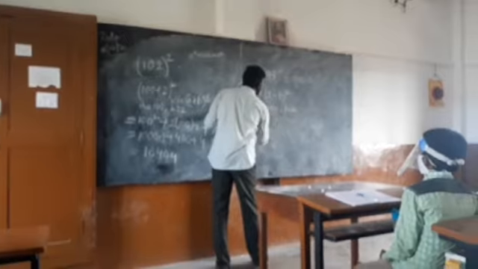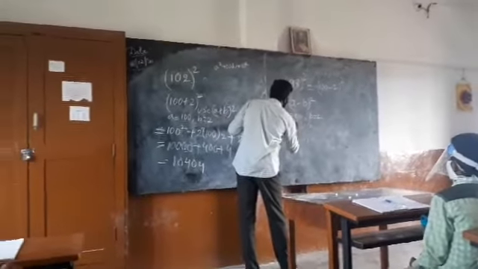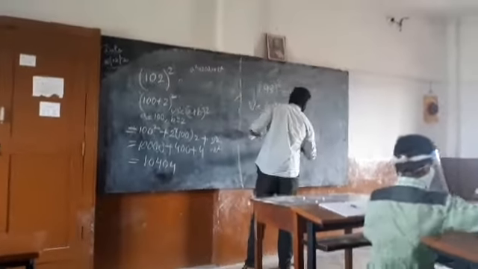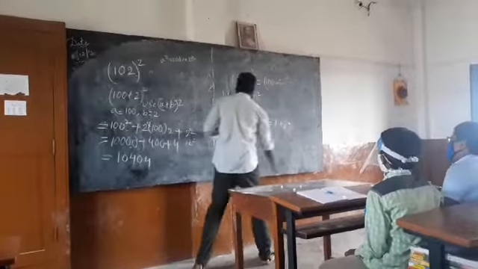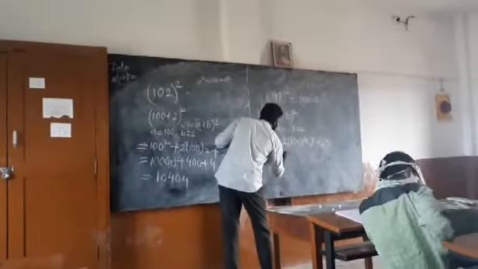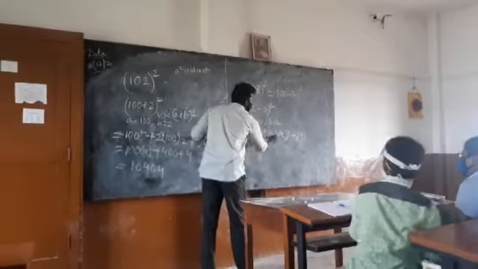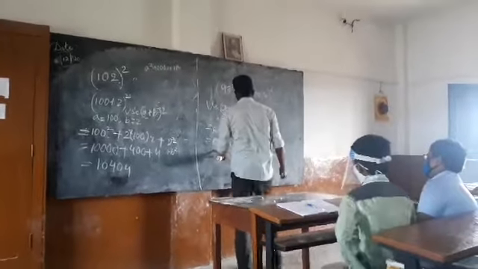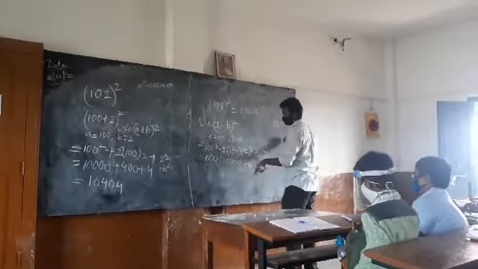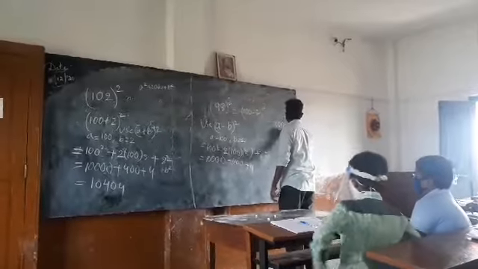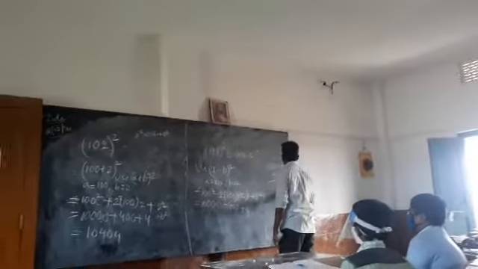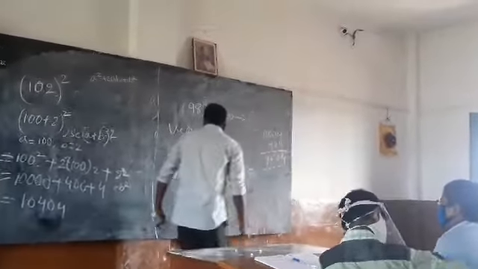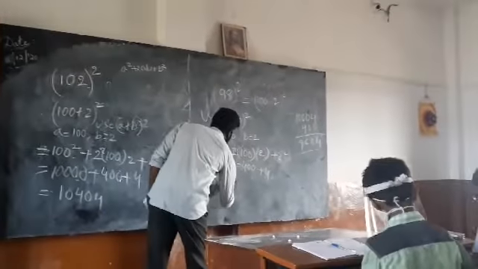So a minus b whole square means 100 squared, that is 10,000, minus 2 into 100 into 2, which is 400, plus 2 squared, which is 4. So 10,000 minus 400 plus 4 is 9,604.